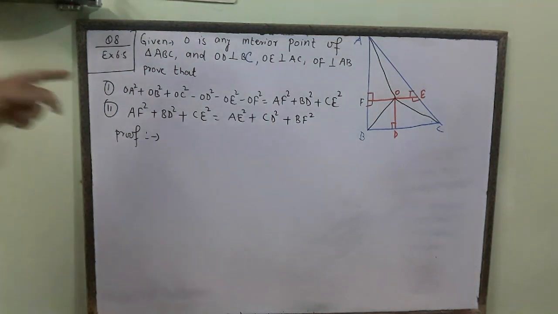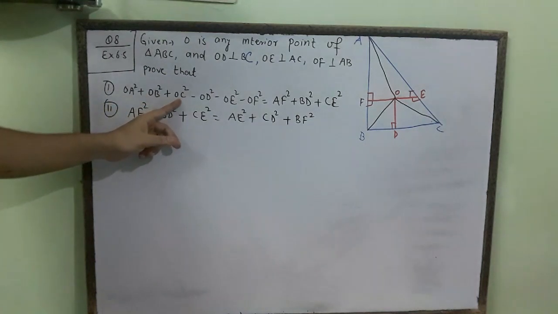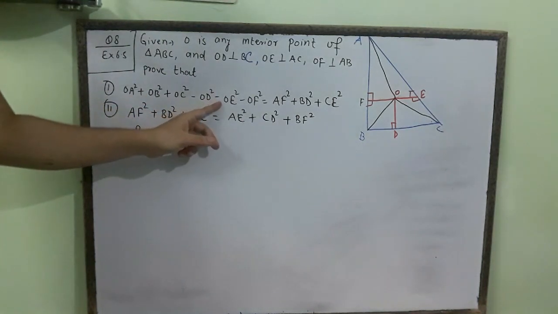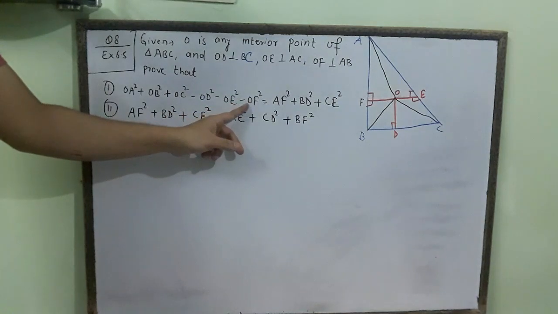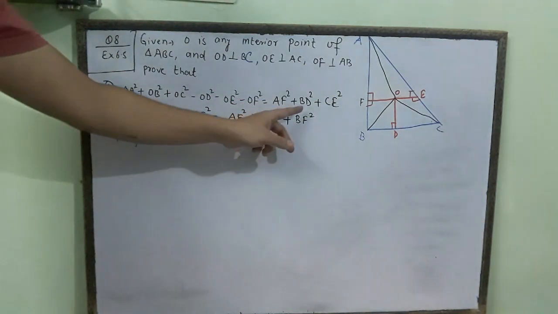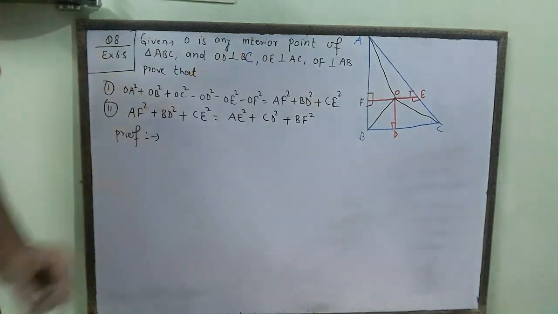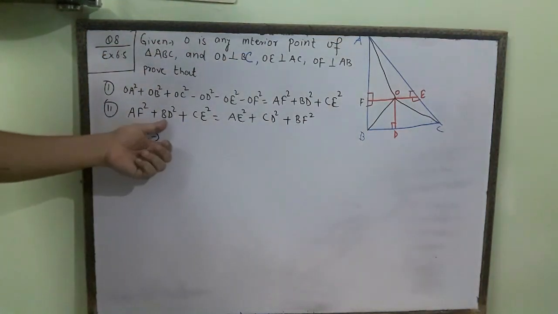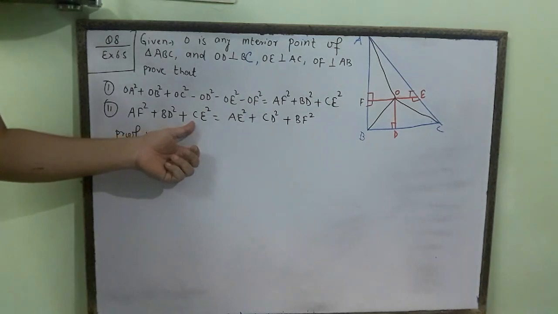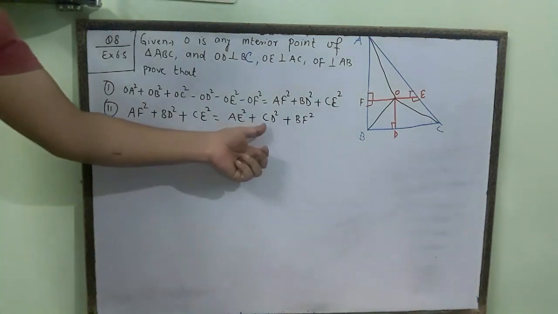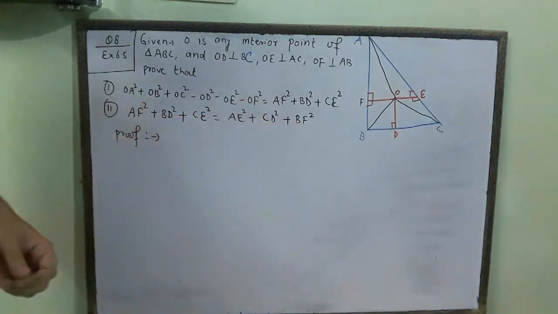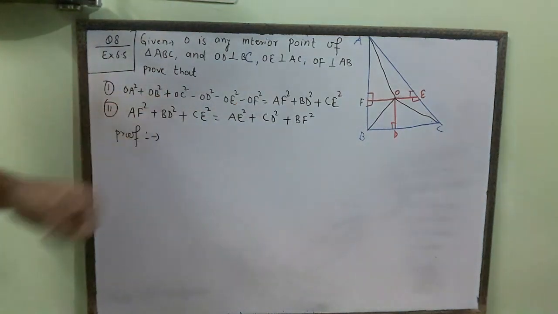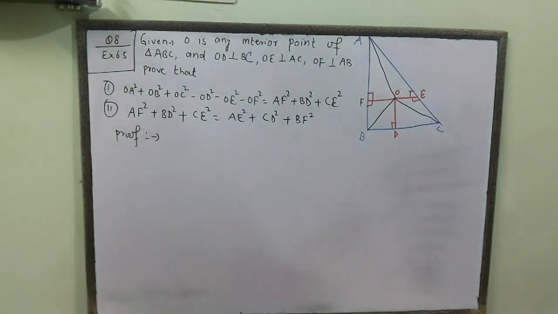We have to prove that OA square plus OB square plus OC square minus OD square minus OE square minus OF square is equal to AF square plus BD square plus CE square. Now the second one, we have to prove AF square plus BD square plus CE square is equal to AE square plus CD square plus BF square. So first we will prove this one.